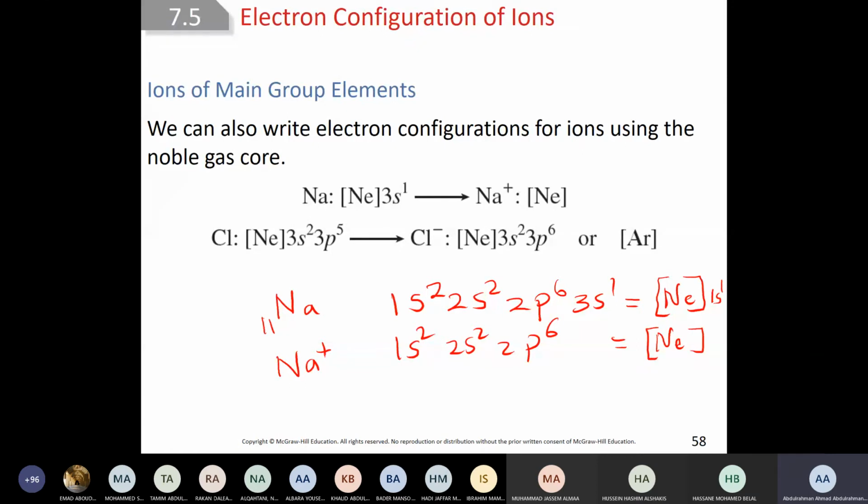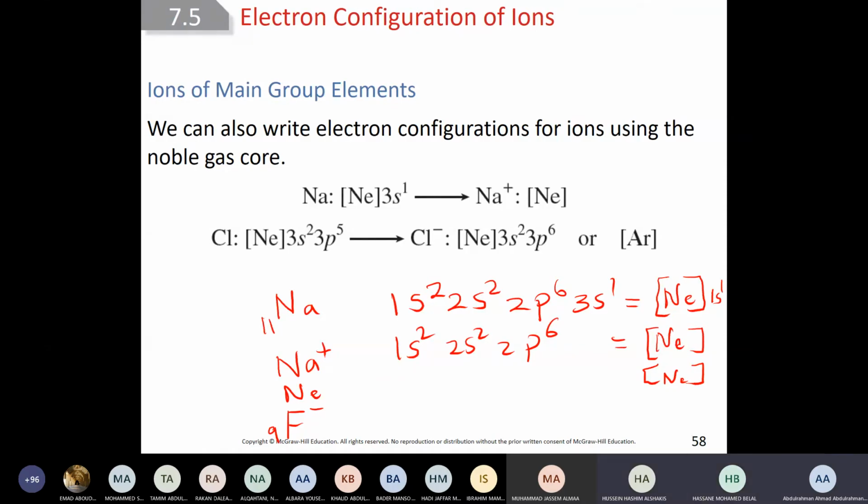I want you to write the structure of neon. Clear? I want you to write the structure of fluorine minus, which has 9 electrons. Tell me what's the structure? 9 protons.